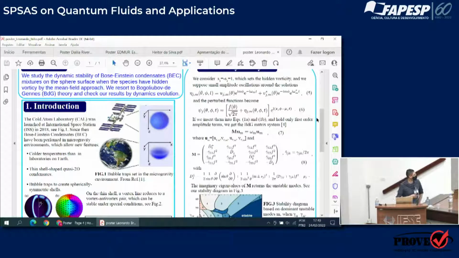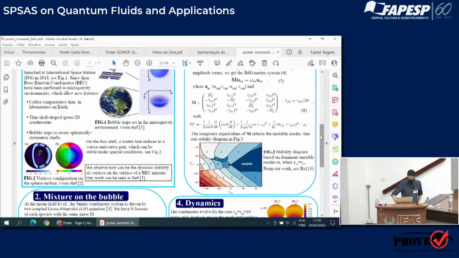To carry out this study, we make a Bogoliubov-de Gennes analysis to predict the stability diagram. Here is the case where we have condensates with charge vorticity, one species with positive vorticity, and another species with negative vorticity.